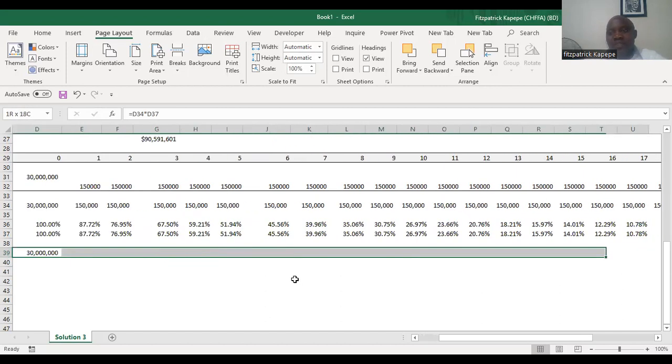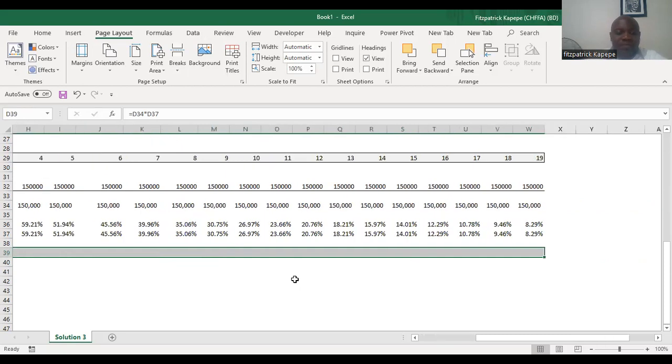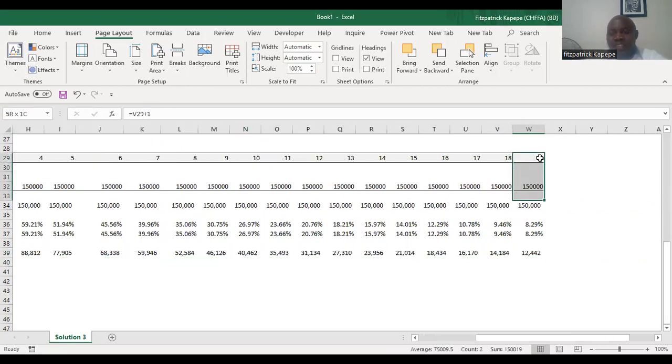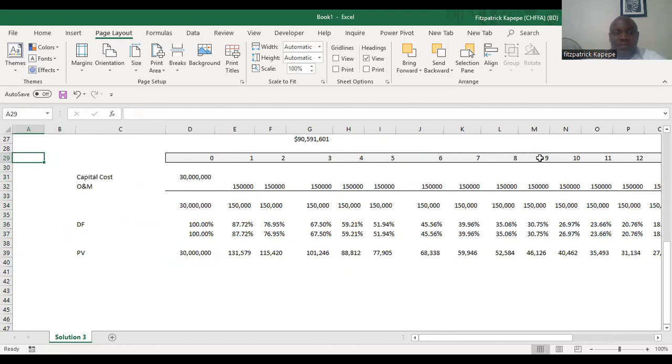So you go up to here. Actually, it's supposed to go up to the 20th year of commercial operation. So this will be your present value, meaning your NPV. But this is a long, long way of doing it. Meaning your NPV will be these numbers here.